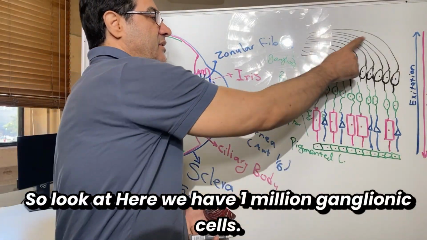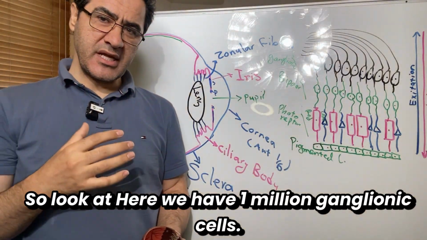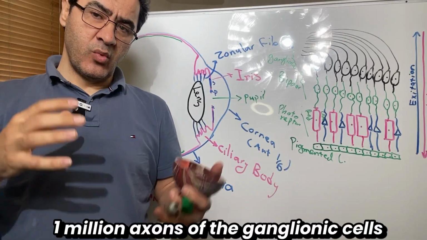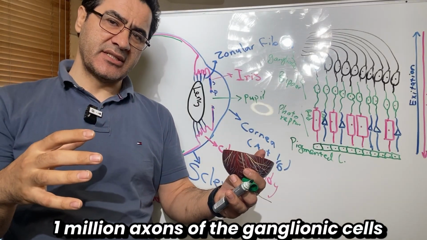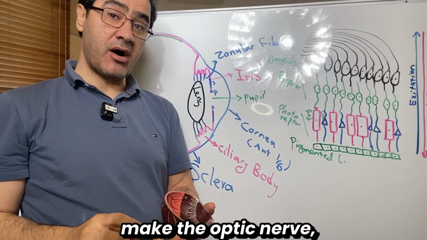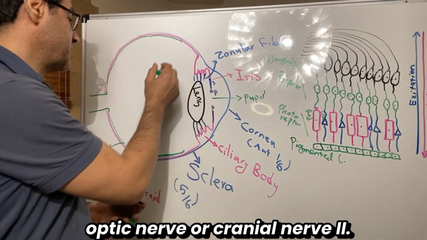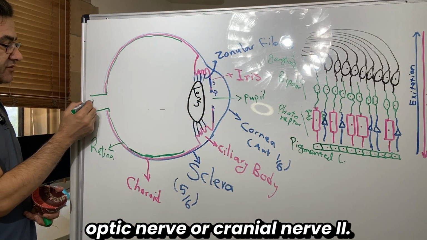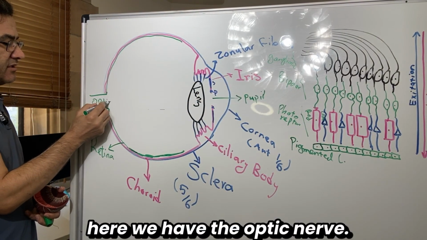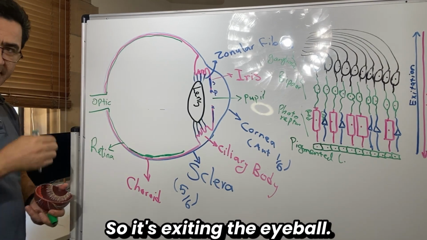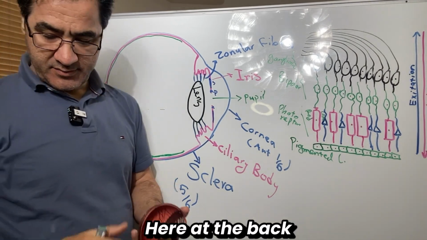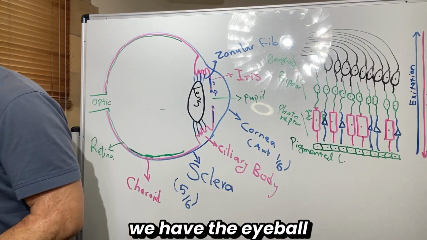So look at here, we have 1 million ganglionic cells. 1 million axons of the ganglionic cells come together and make the optic nerve, or cranial nerve II. So here we have the optic nerve exiting the eyeball. Here at the back we have the eyeball.